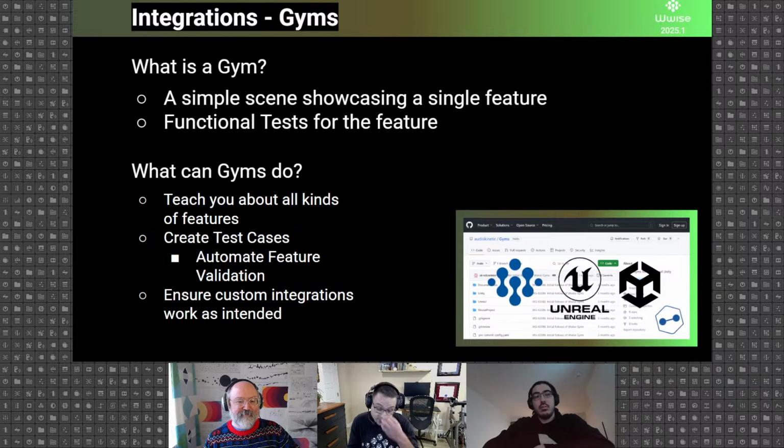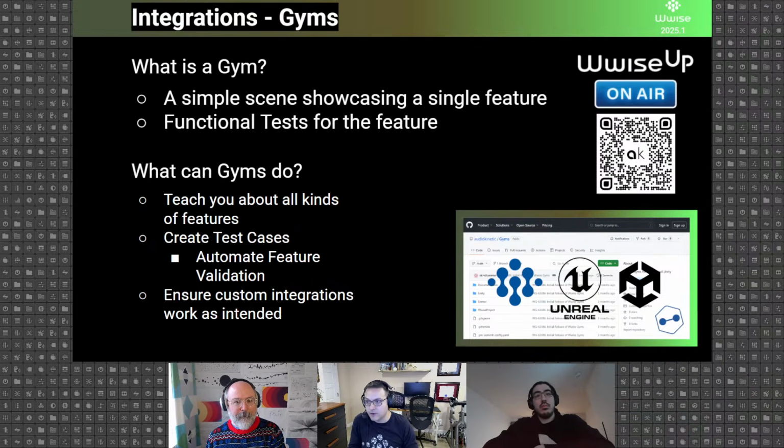And one thing we did over the course of 25.1 was to see how it stands up in a web browser. So using the Unity gyms, we've actually integrated the Emscripten integration in it and made them run in the Wwise browser.